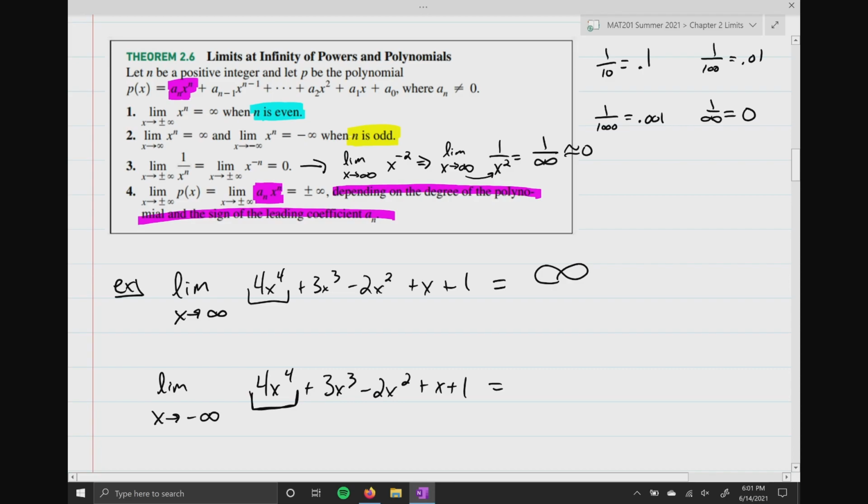Since the degree is even and this is positive, even though we're going to negative infinity as the limit as x goes to negative infinity, my leading term tells me it's going to go to positive infinity. If you don't believe me, just graph it. The graph is going to look just like this because n is even. The degree on the polynomial is even, so I know that's what it looks like.